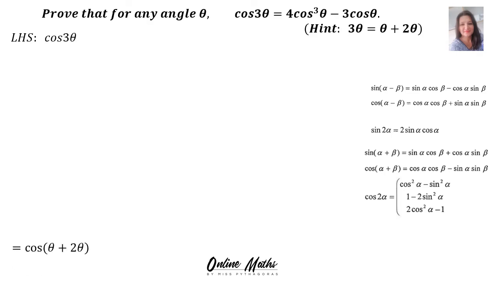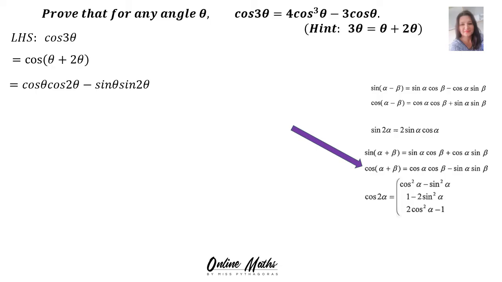Do you agree that cos 3 theta, you can write as cos of theta plus 2 theta, since they gave us the hint. And that is indeed the compound angle for cos of alpha plus beta. Now we're going somewhere, so you can write that as cos theta cos 2 theta minus sin theta sin 2 theta. Then it looks as if there are double angles.